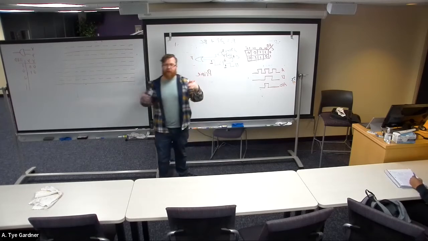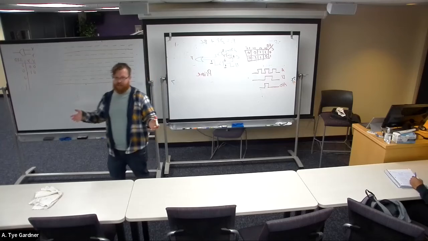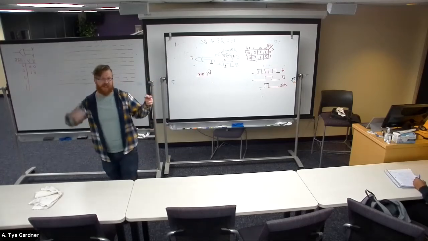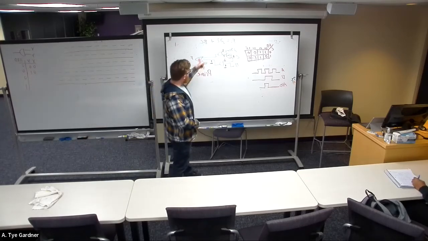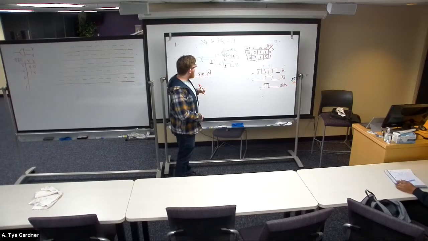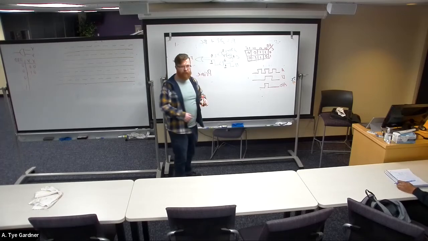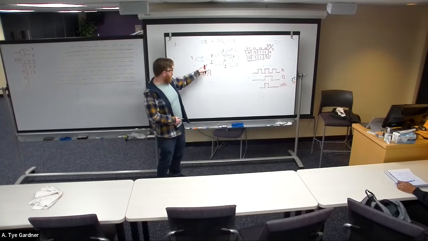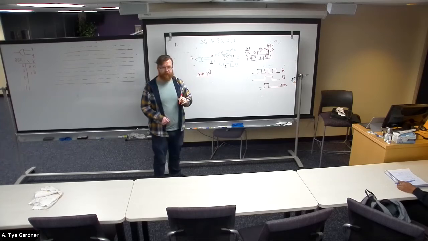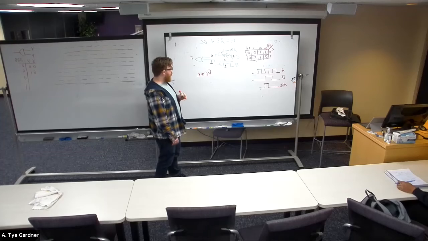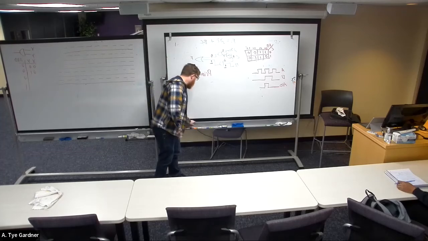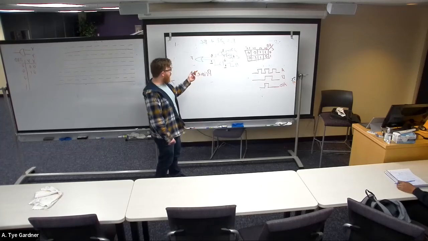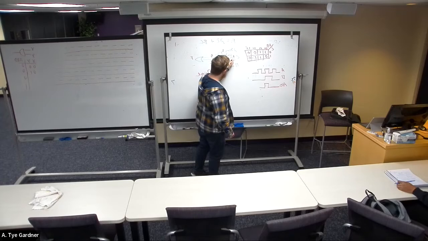1 and 1 is 1, right? Now we're coming back to the circuit analysis thing that we talked about weeks ago. Everything's kind of tying in together. 1 and 0 is 0. So that means, this is an OR gate, there is a 1 here, there's going to be a 1 at F. What happens if I put a 0 on C?